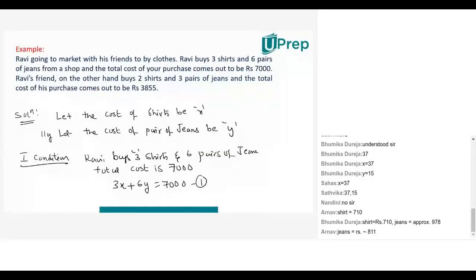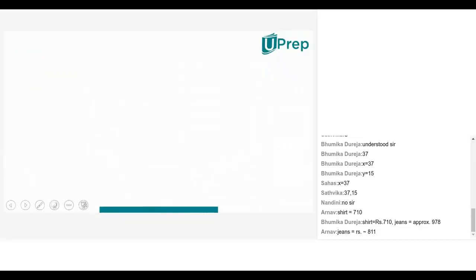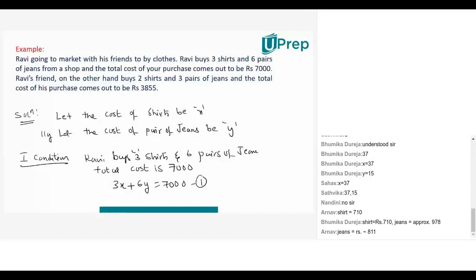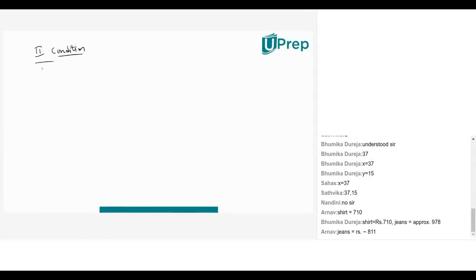Now according to the second condition, Ravi's friend is buying 2 shirts and 3 pairs of jeans.